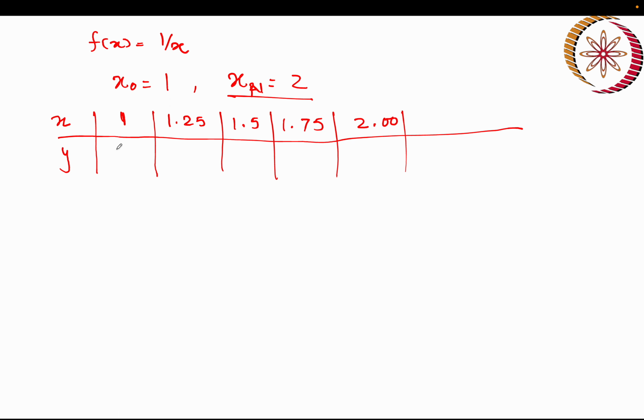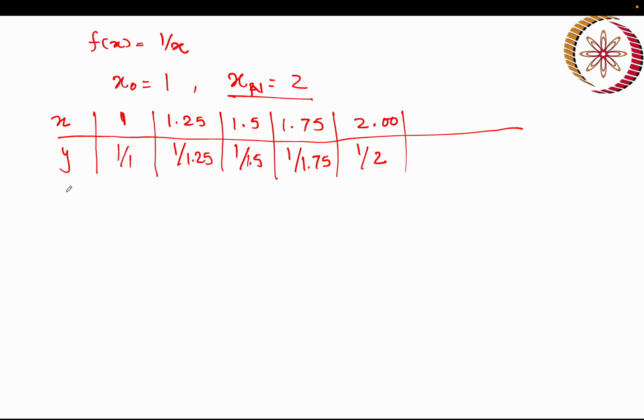Okay, and after that y is nothing but 1 upon x, so it will be 1 upon 1, 1 upon 1.25, 1 by 1.5, 1 by 1.75, and 1 by 2. Okay, so these values are there.